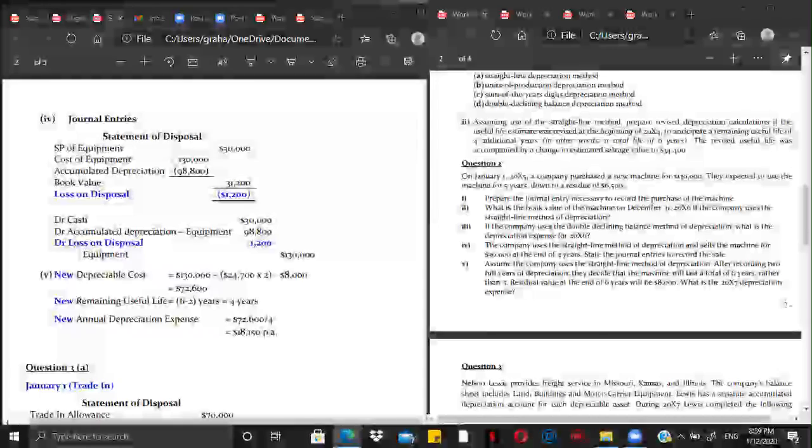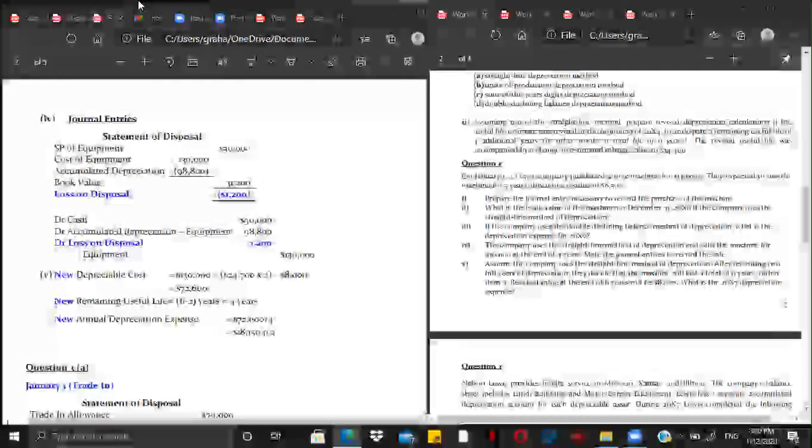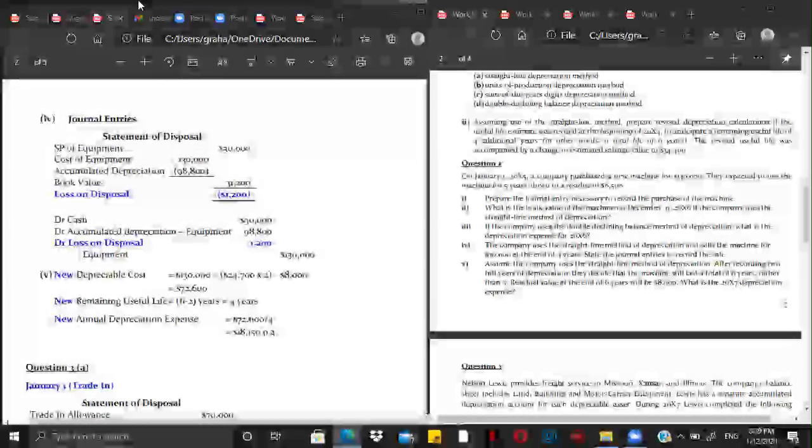All right, question number 2. It says, on January 1st, 20x5, a company purchased a new machine for $130,000. They expected to use the machine for a number of years. Part one: prepare the necessary journal entry to record the purchase of the machine.